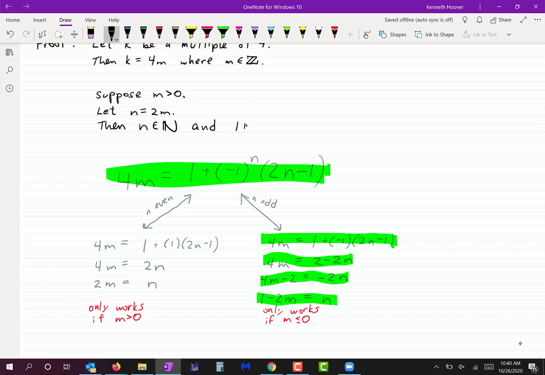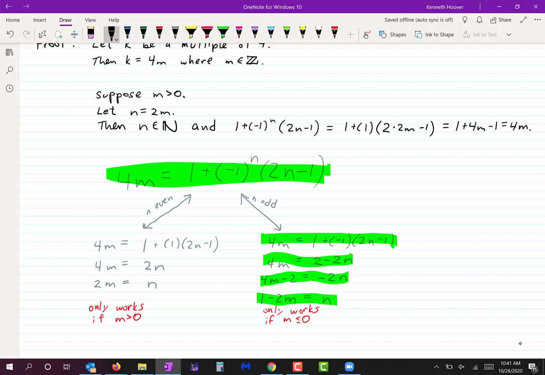And 1 plus negative 1 to the n times 2n minus 1 would equal 1 plus 1 times 2 times 2m minus 1, which would equal 1 plus 4m minus 1, which is 4m.